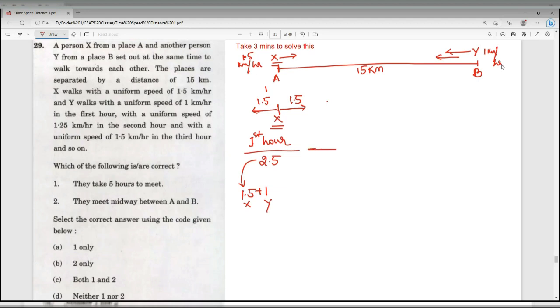Now the second hour, what happens is in the second hour, X speed is the same. Y speed, they are saying that it becomes 1.25. Sorry, X speed is 1.5.